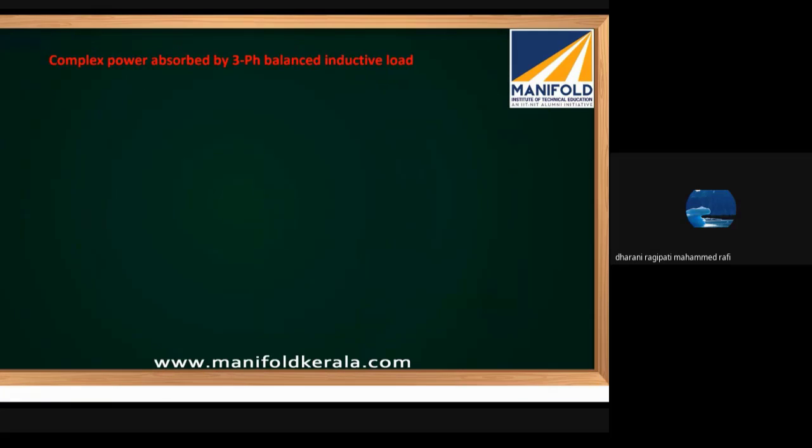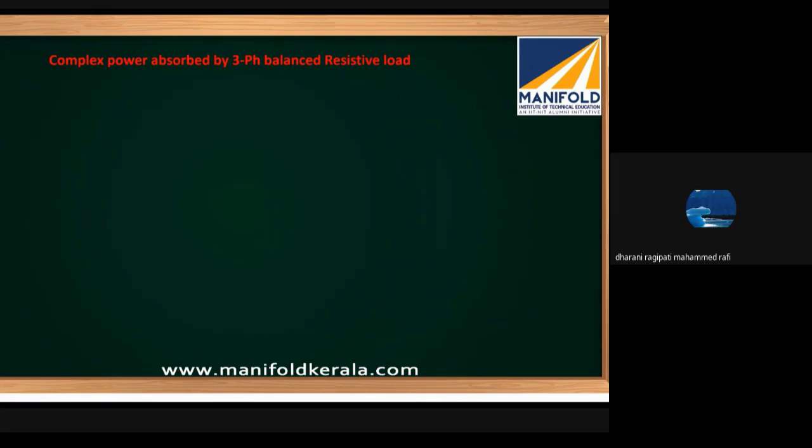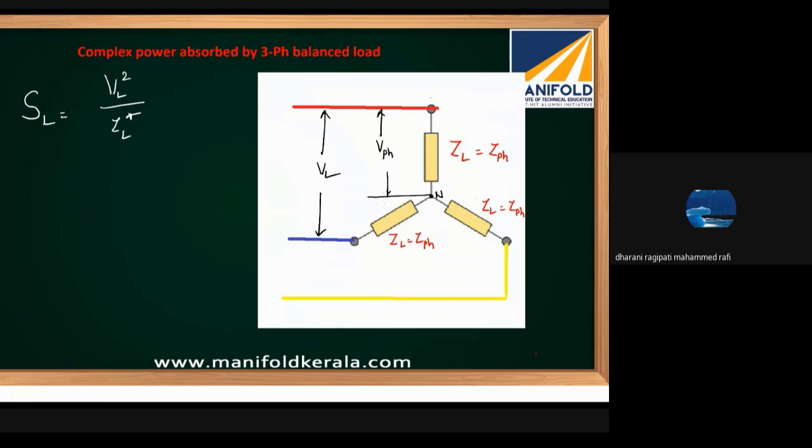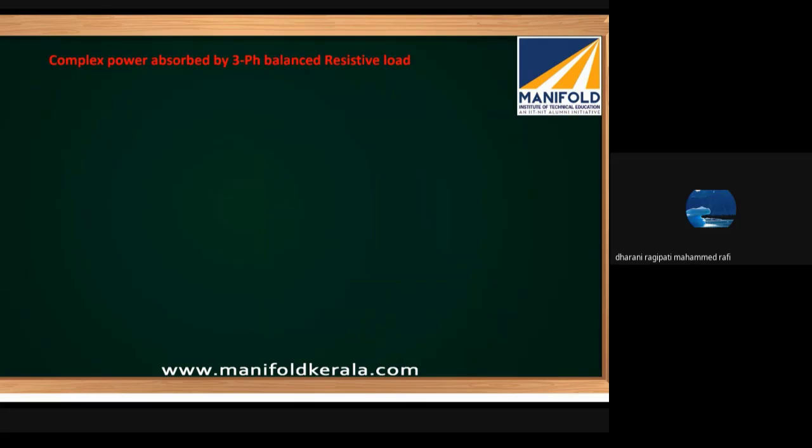Now consider the complex power absorbed by a three-phase balanced resistive load. The same figure will be there. Resistive load means your Z_L will become R_L. It's a purely resistive load.